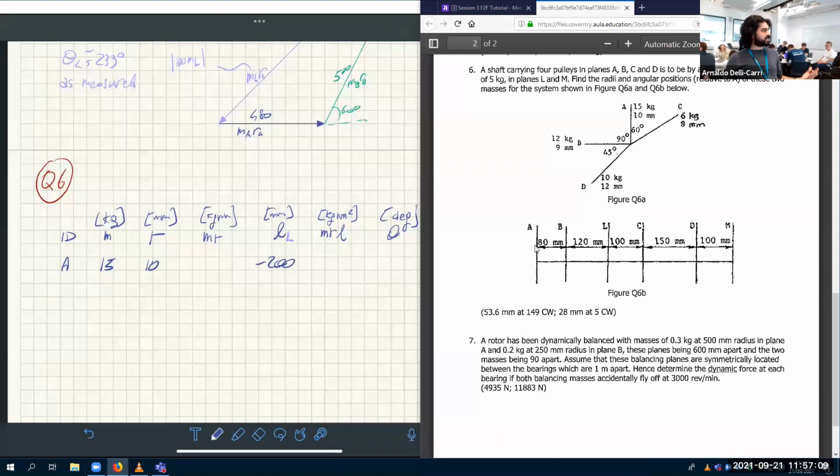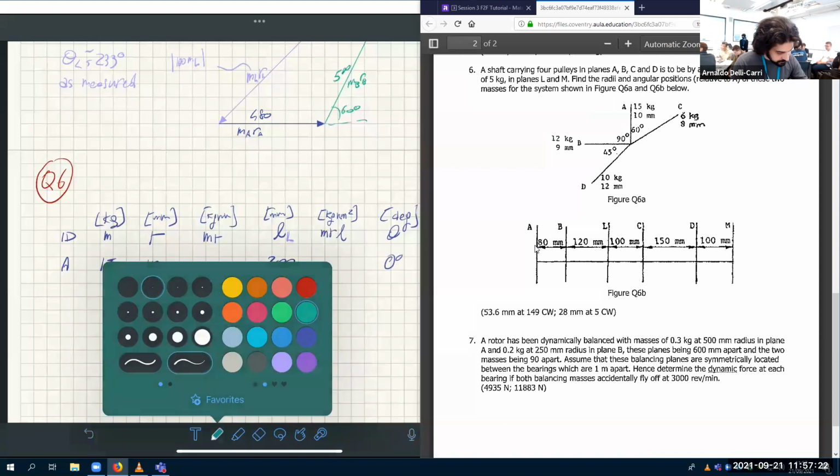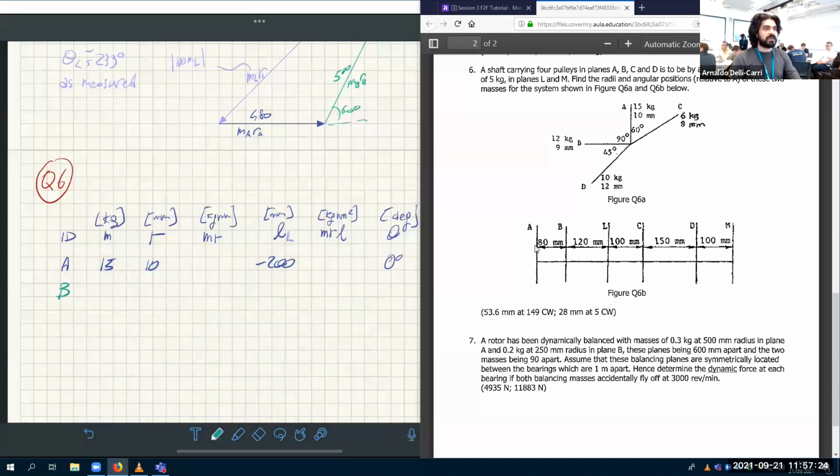And theta, as we said, let's choose A as our reference mass for the angular position. So theta is 0 degrees. So let's start counting the angles from A. And now let's do B. B is a 12 kilogram mass at 9 millimeters.